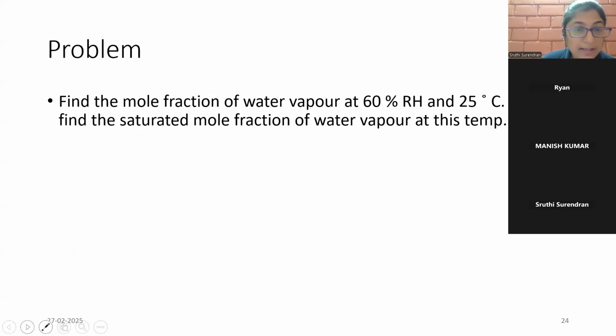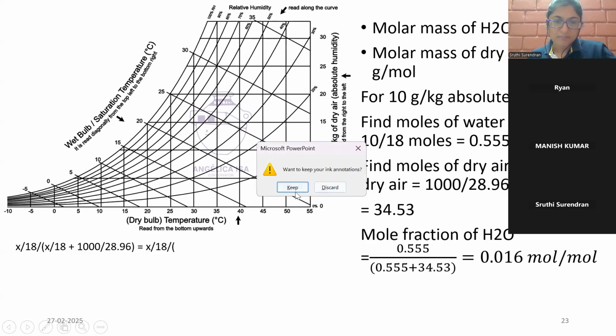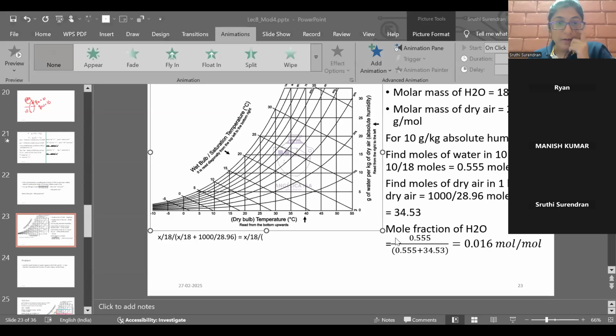I will again send you this psychrometric chart in the chat. Please estimate this problem that is given over here. I have sent the psychrometric chart in the chat box.